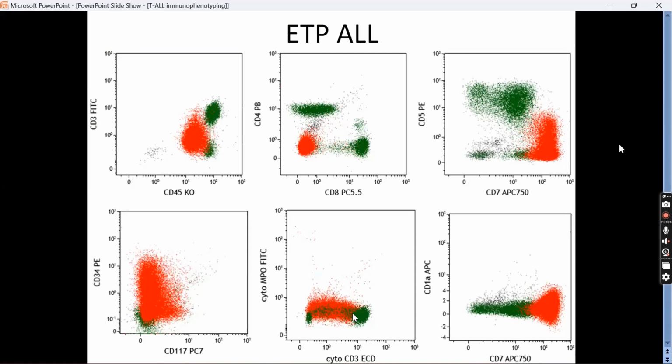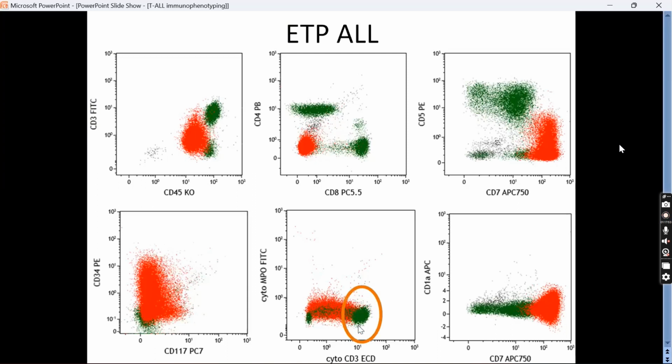But in ETP-ALL, HLA-DR will be positive because it's seen in very early T cells, those common lymphoid progenitors coming from the marrow to the thymus. At that time, HLA-DR is positive once it comes to the thymus. So HLA-DR is positive in ETP-ALL. That can be a helpful marker to confirm ETP-ALL. If you have a T-ALL which is expressing HLA-DR, then it most likely should be ETP-ALL.